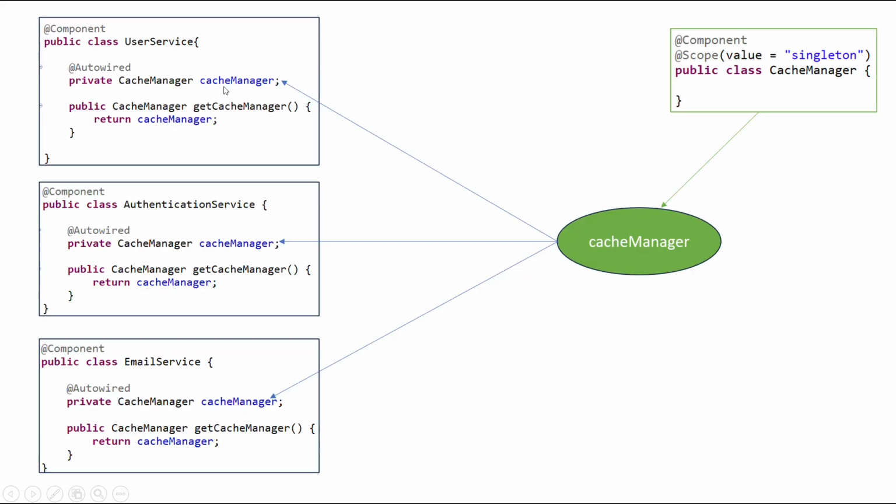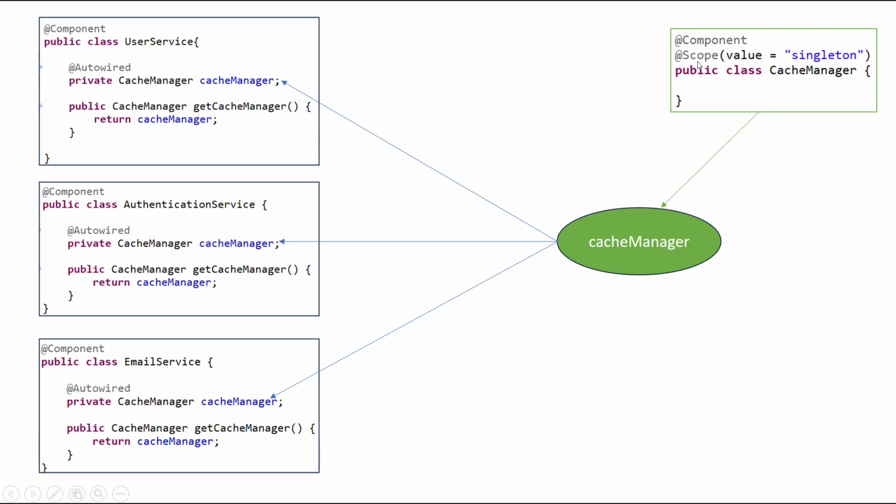Now if you look at this diagram code-wise, let's say I have 3 classes, 3 components. These are created by Spring anyway. And I have a dependency on cache manager in all 3 classes. Here cache manager, here cache manager, and I am autowiring it. I have a separate cache manager class and I have defined it as singleton.